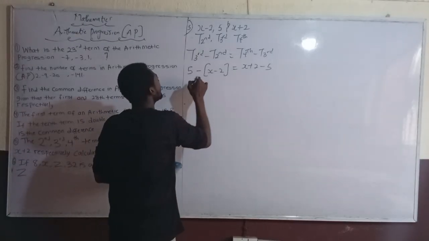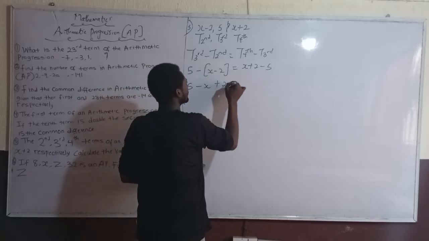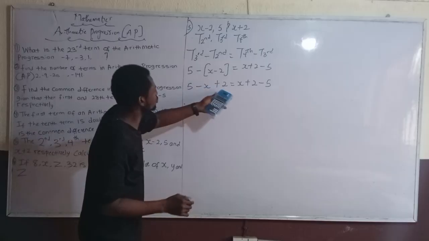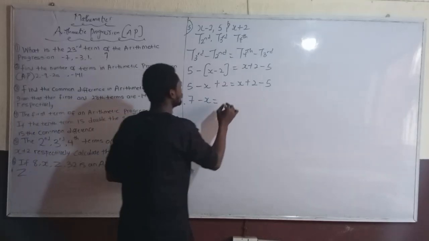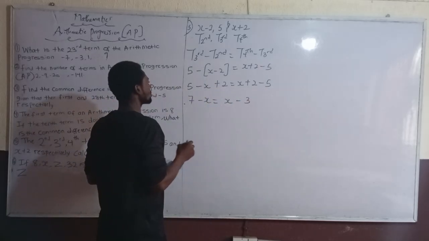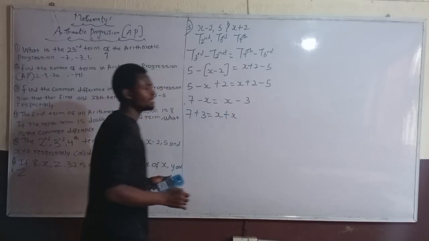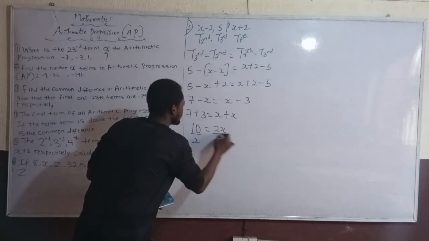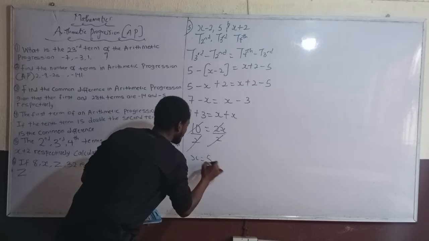So 5 minus x plus 2 equals x plus 2 minus 5. 5 plus 2 is 7, so 7 minus x equals x. 2 minus 5 is minus 3. So 7 plus 3 equals x plus x. 7 plus 3 is 10, and here is 2x. Divide by 2, divide by 2. My x is 5.